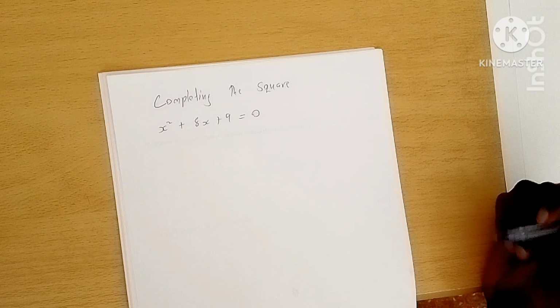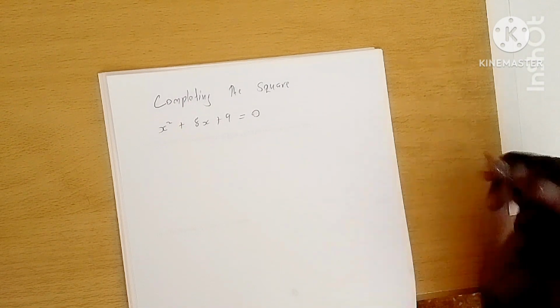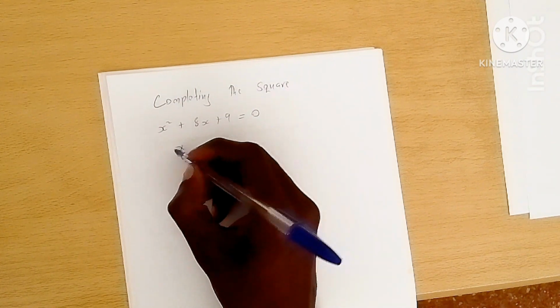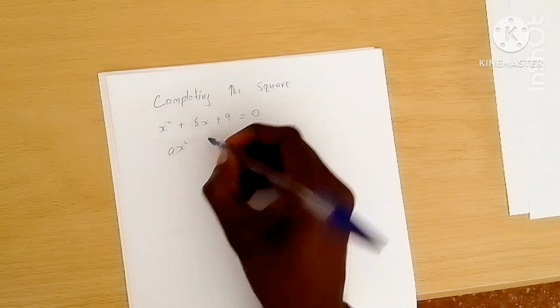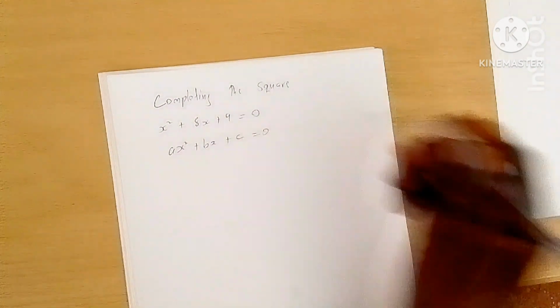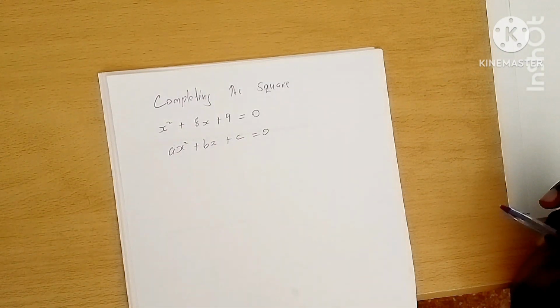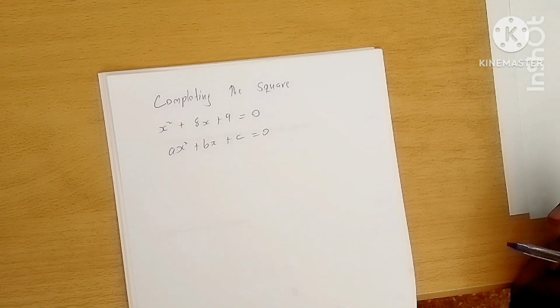One thing that you need to know is that quadratic expressions are usually in the form ax squared plus bx plus c equal to 0, in which a represents the coefficient of x squared, b represents the coefficient of x, and c is our constant.